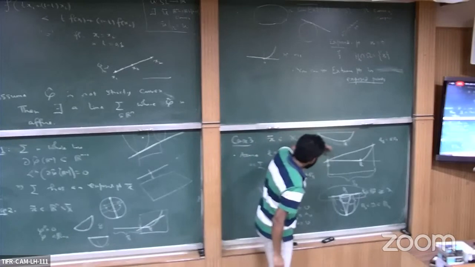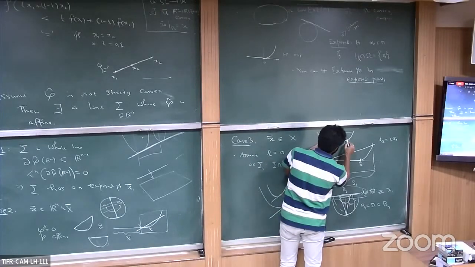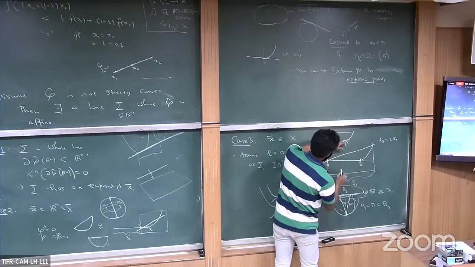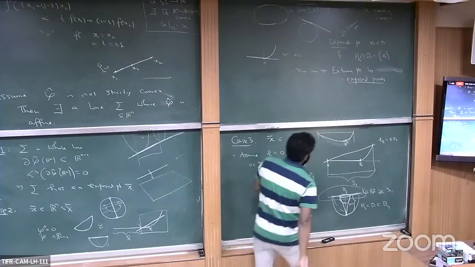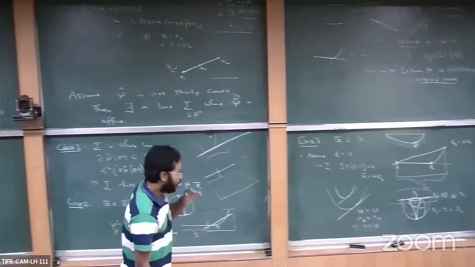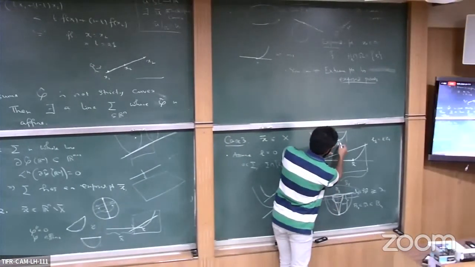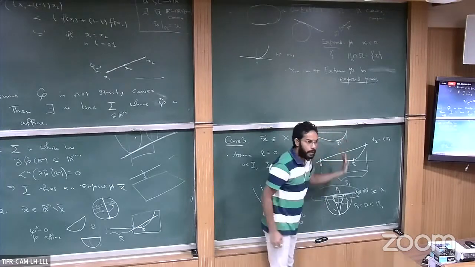This x bar is almost close to the minimum point, and the minimum point is almost close to the boundary of this domain. So basically the idea is that the minimum point is going to zero at a slower rate than it is going to the boundary.